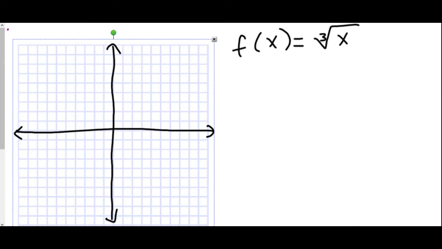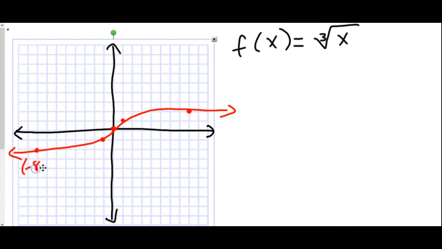So the parent function for the cube root, the key points are 0, 0, 1, 1, negative 1, negative 1, and 8, 2, and negative 8, negative 2. So it's kind of an odd picture, but it looks like that. That is called the cube root.